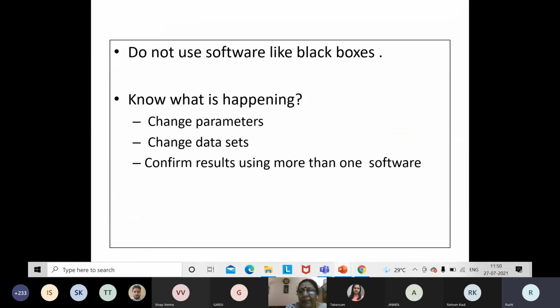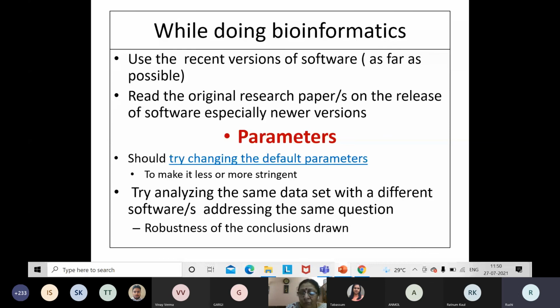Yet another thing is that try to use the same data set, asking the same question, with different softwares. That will tell you about the robustness of your conclusions. Don't depend only on one software. When we are trying to answer a question, keeping the same data and the same question in your mind, try to answer the same question using different softwares.